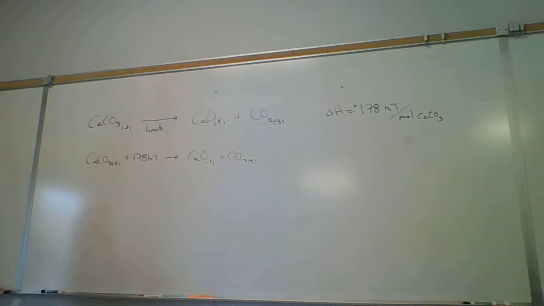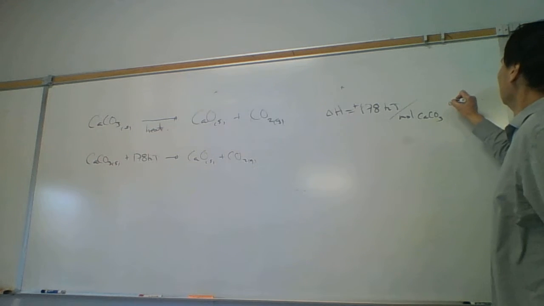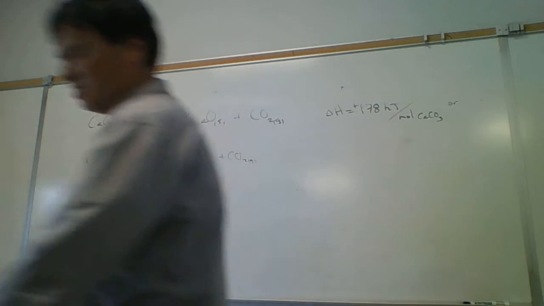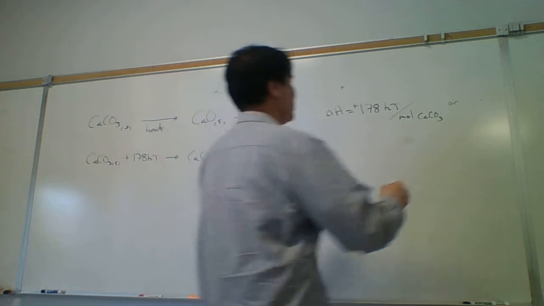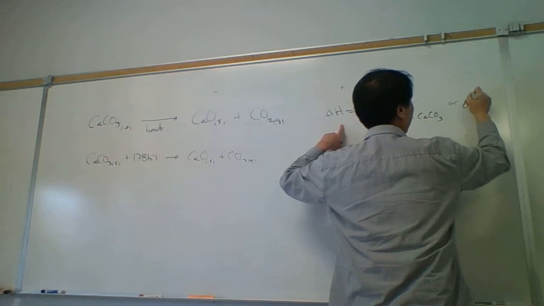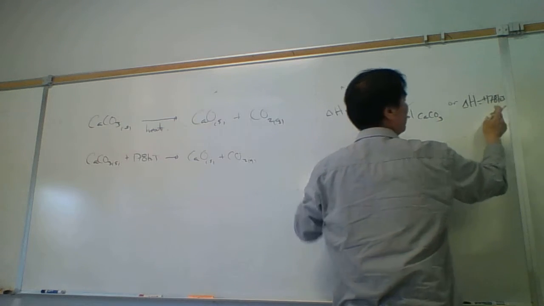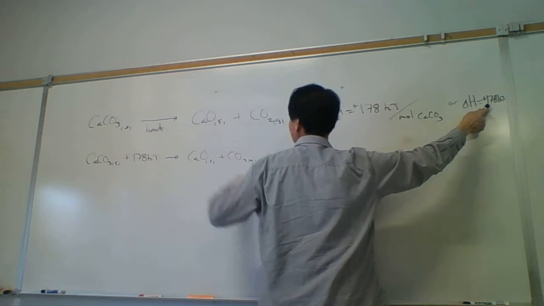And so these are the two ways of representing the thermochemical equation. And the top way is not the typical way it's written. The typical way it's written here is like this, or delta H equals plus 178 kilojoules. They don't write per mole because what they do is they associate this with this equation.